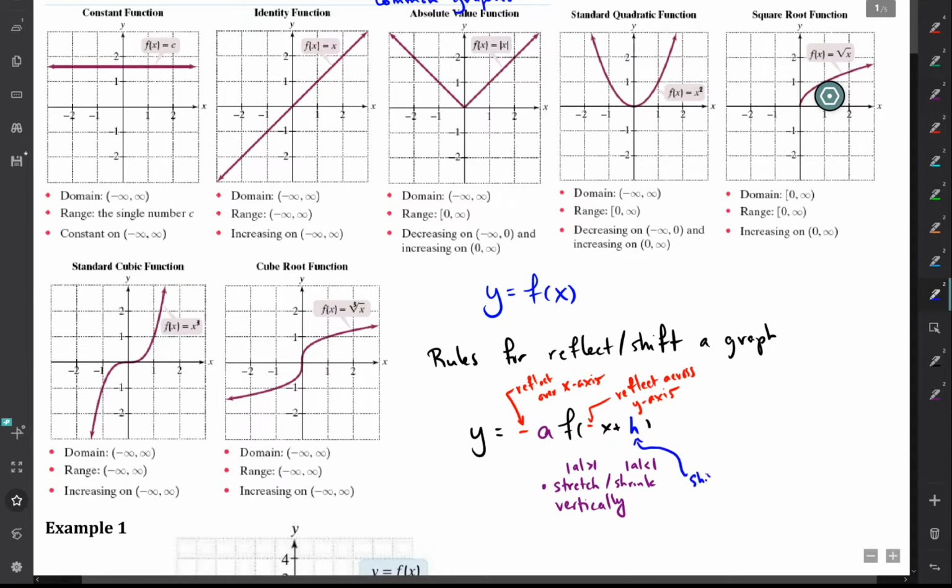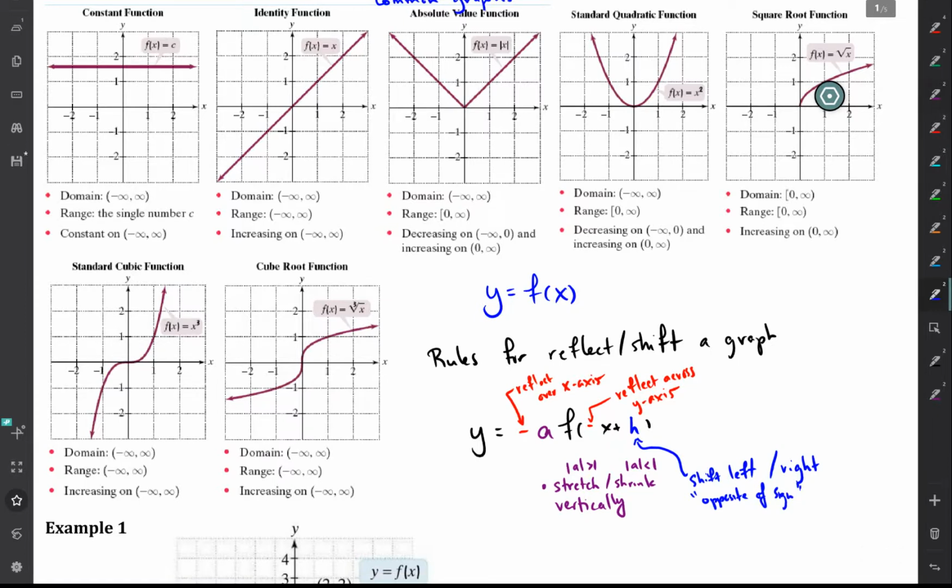That's going to be the opposite of whatever you would think. So it's opposite sign. If h is a negative number, you're actually going to shift right. And if h is a positive number, you're going to shift left.